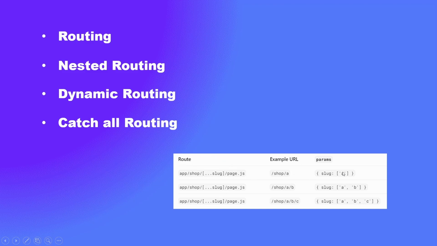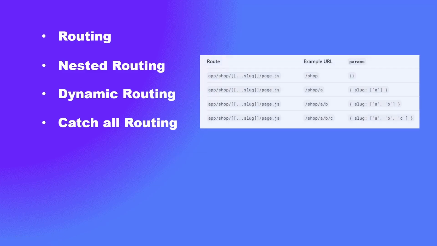Here the variable has been assigned two values. Here also we have the same syntax, but we have assigned three values. We can assign n number of values in catch-all routing.